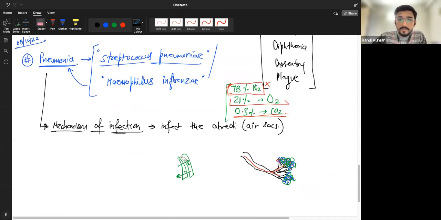Okay, so write down: the bacteria infects the alveoli, and as a result of the infection, the alveoli get filled with fluid.